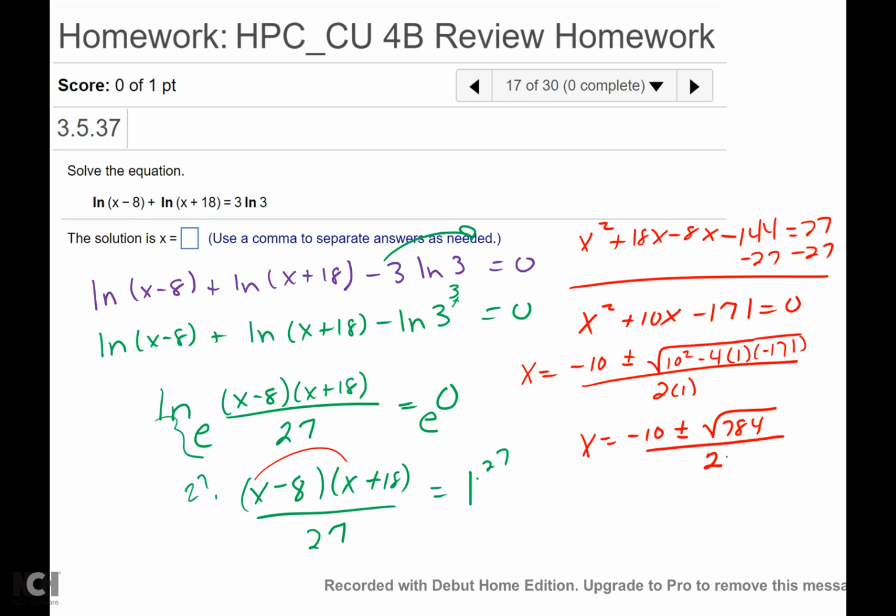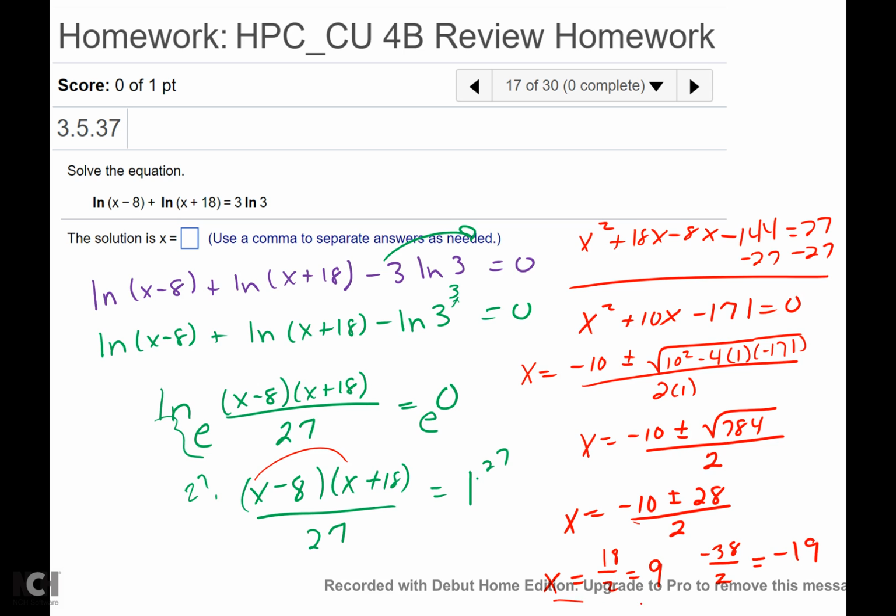If I take the square root of 784, I get 28, so x equals negative 10 plus or minus 28 all over 2. That is going to give me negative 10 plus 28 is 18, divided by 2 is 9. And the second one, negative 10 minus 28, would be negative 38 over 2. And negative 38 divided by 2 is negative 19.